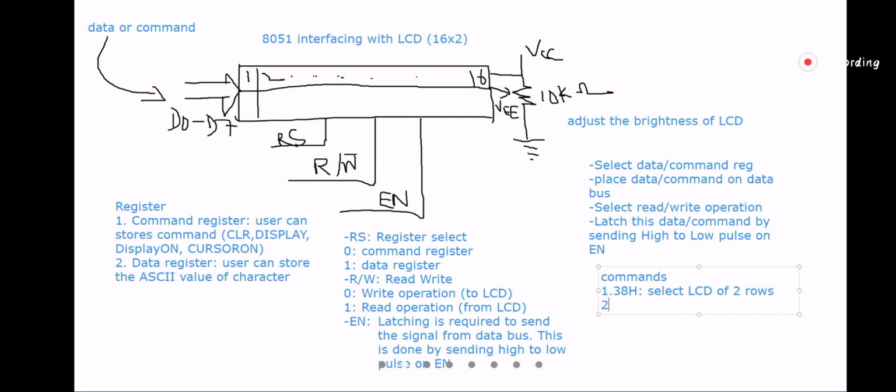If you write 0EH, it means display on and cursor on.